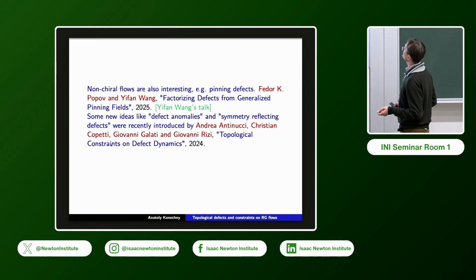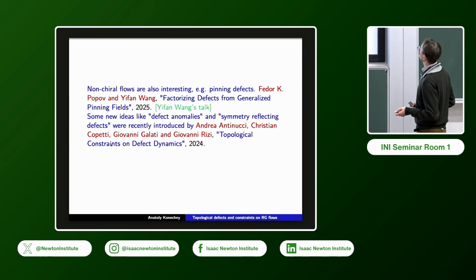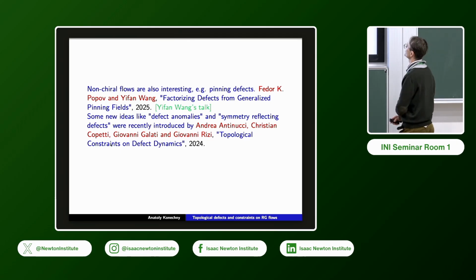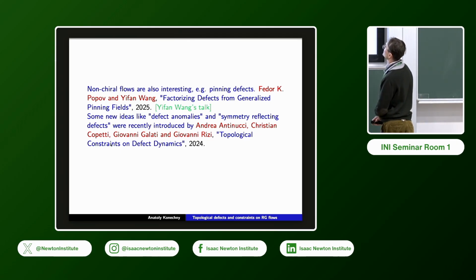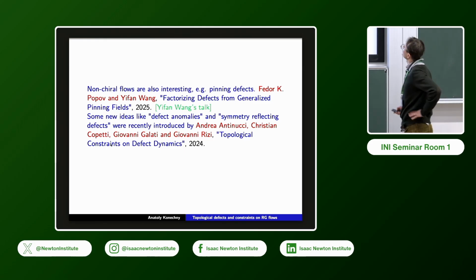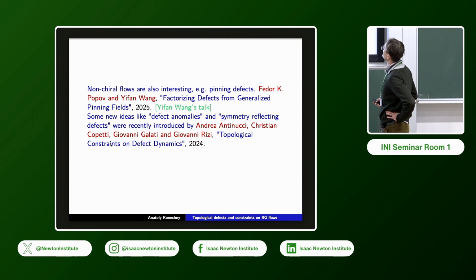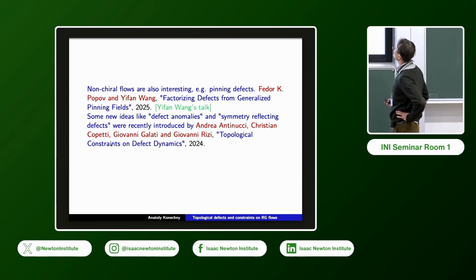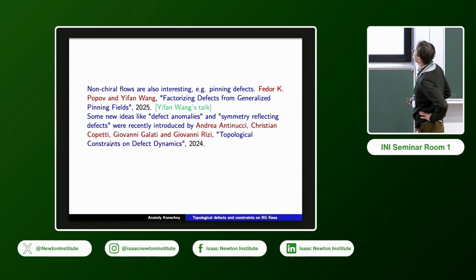But of course, there are non-chiral flows, which are also interesting, and in particular, the pinning defects, which were discussed by Yifan Wang yesterday. So that's such an example. It will not be just the same as a boundary flow. And for this type of flows, there are other really nice ideas.